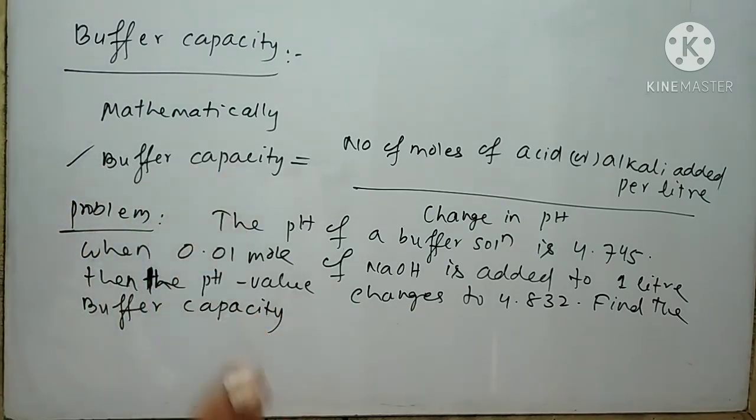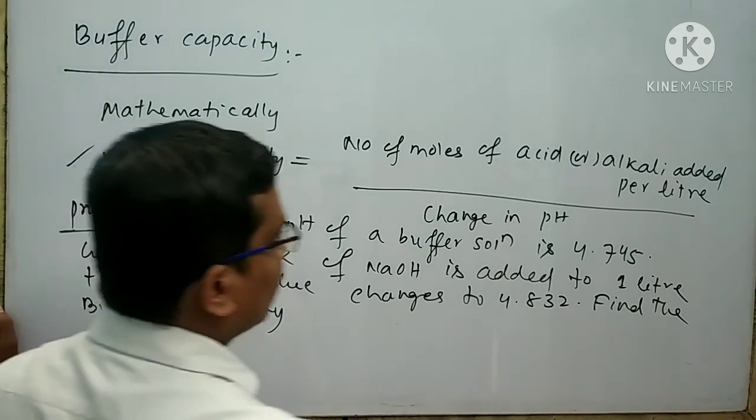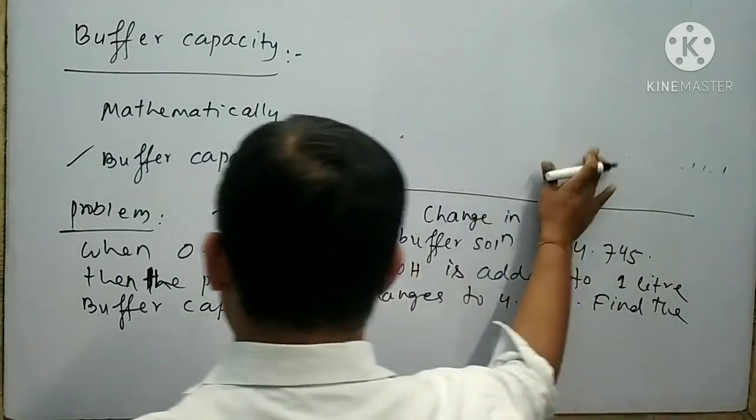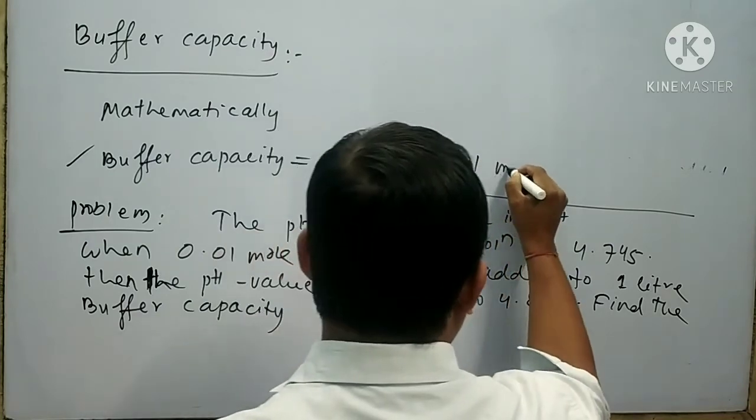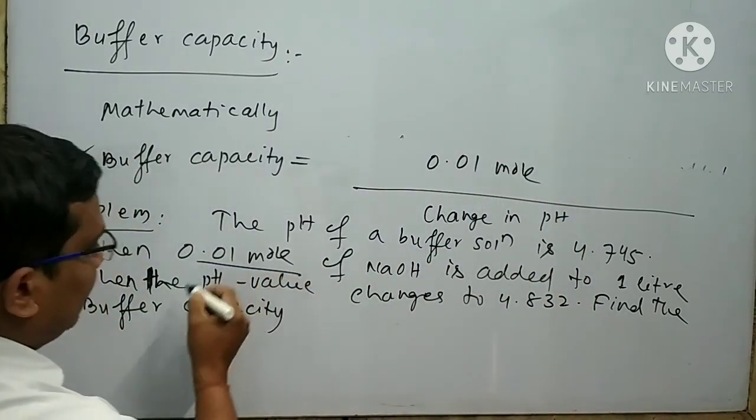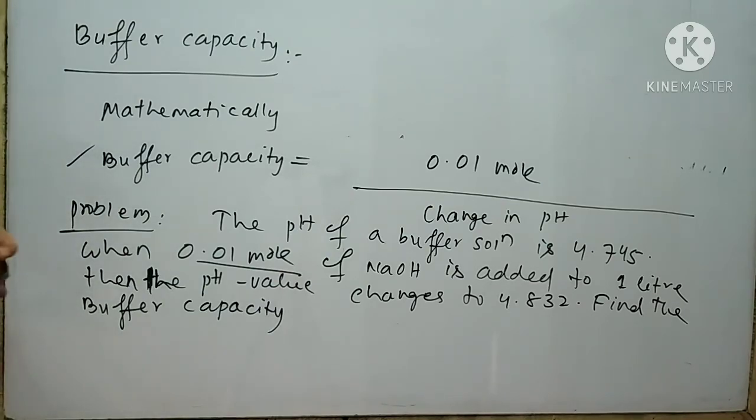We know that buffer capacity equals the number of moles of acid or alkali added per liter divided by the change in pH. So here I can write 0.01 mole, because in this question the added alkali is 0.01 mole.